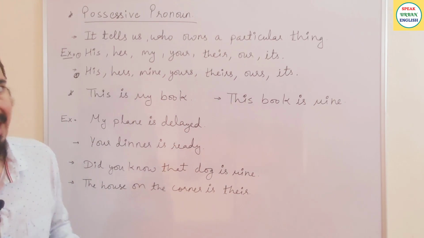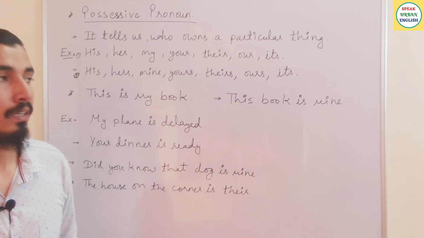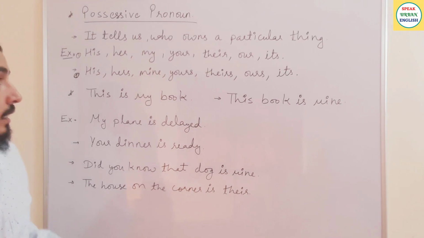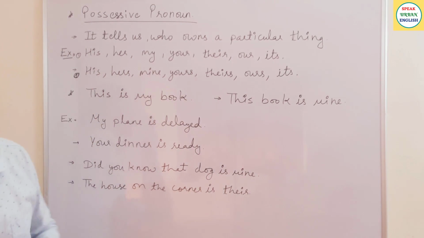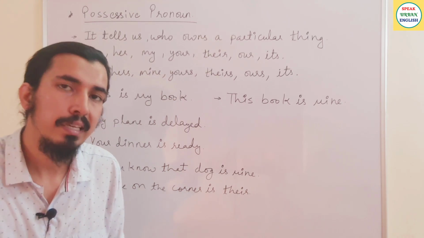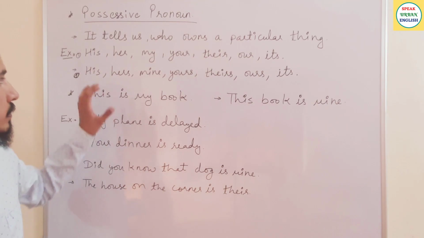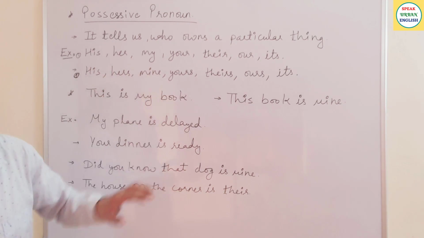Okay, another example: I can say this car is his, or I can say this is his car, because his remains his in category 1 and category 2, so I used his in both sentences. If I take her in category 1, it becomes hers in category 2.